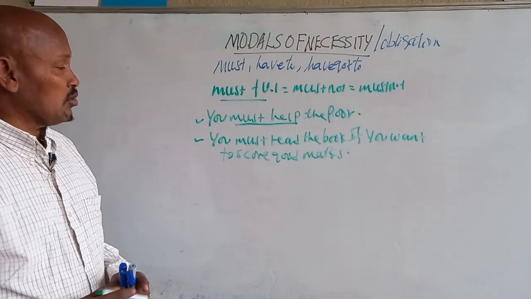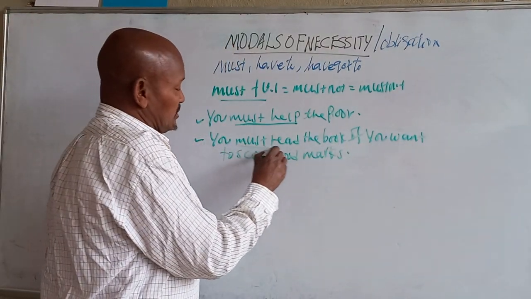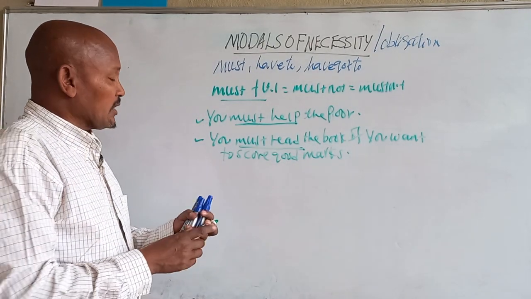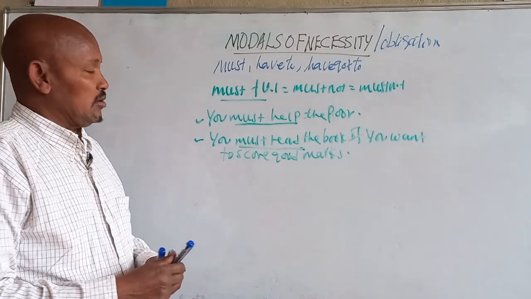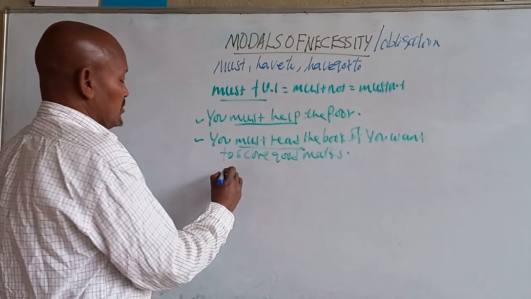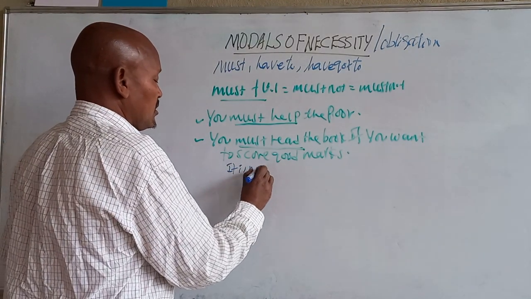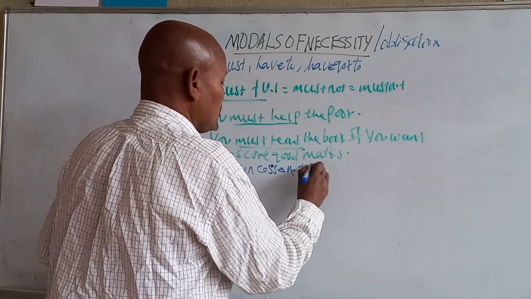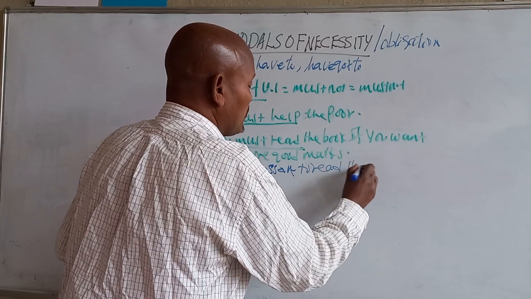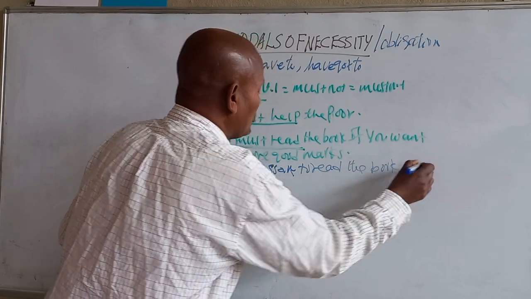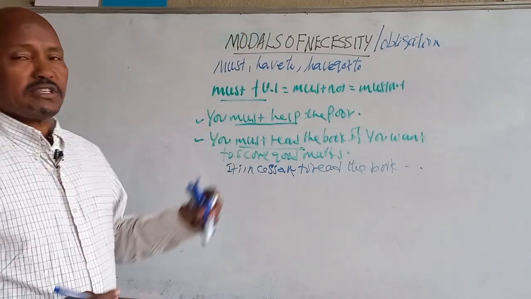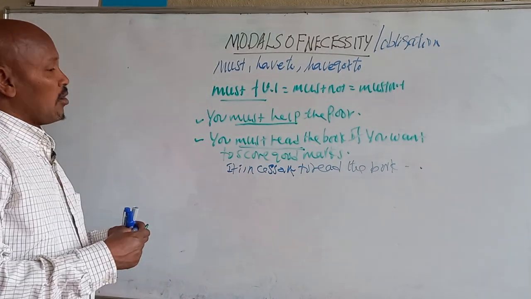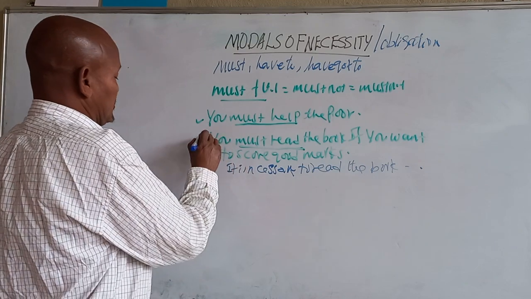You must read means it is necessary to read the books. It is necessary to read the books if you want to score good marks. So must read means it is necessary. This is one of the uses of must.